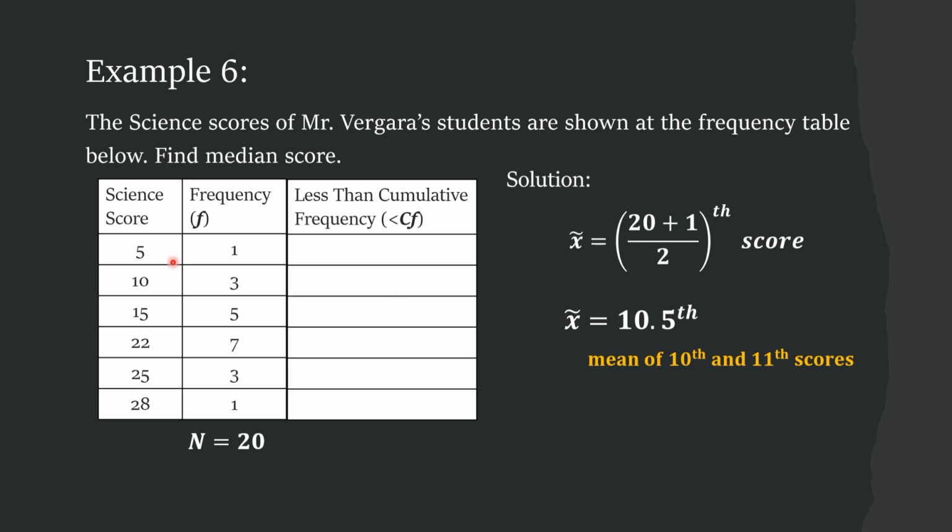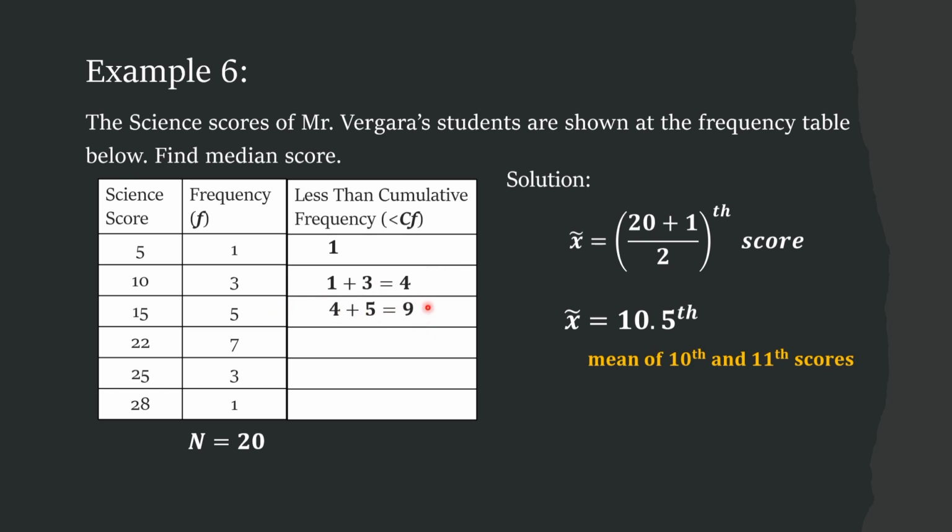So starting with the lowest score, there is 1, and then adding this with the next frequency, 1 plus 3 is 4. 4 means there are 4 students that scored equal to 10 or 5. Continue. 4 plus 5 is 9.